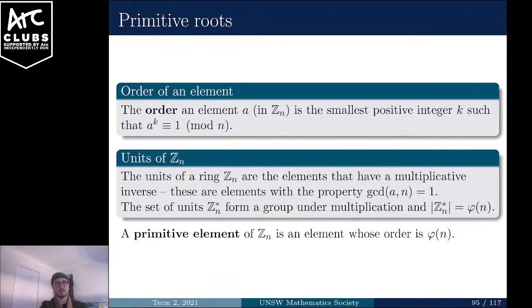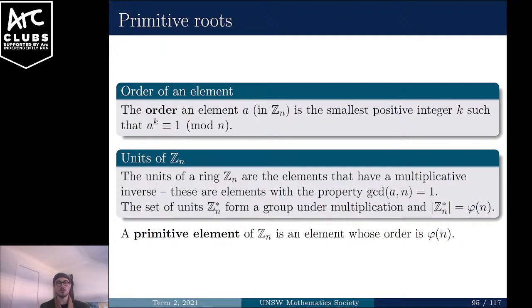Now units. So units of a ring are the elements that have a multiplicative inverse. So they're the elements that have GCD equal to 1, right? The set of units, yes, these ones that are all relatively prime to the n that you're talking about in this instance. So the set of units, we call it Z star.